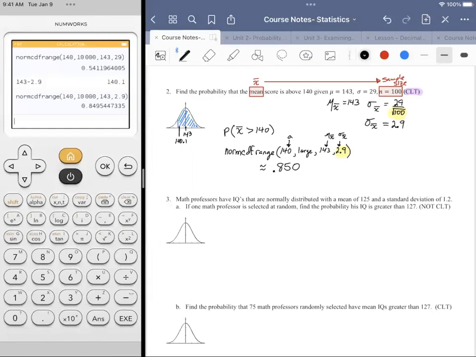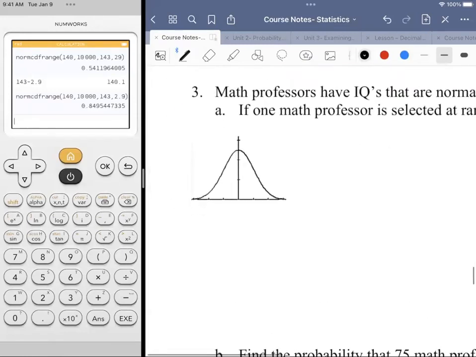So in terms of IQ, if you're unusual on the high side, it means your IQ is unusually high. So I'm saying here that the IQs are normally distributed with a mean of 125, but only a standard deviation of 1.2, which means there isn't too much variation from math professor to math professor. Whether or not that's true, well, we all have our own opinions.